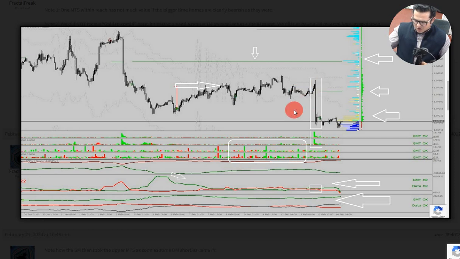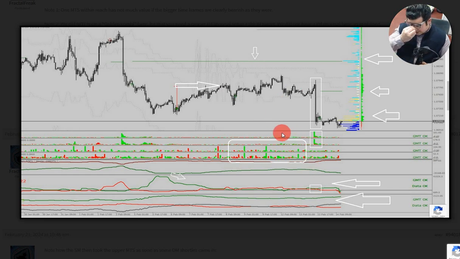So you do not want to buy into a bearish higher time frame with news coming out, because most likely the algos will use, or rather abuse, the news in order to go for the actual money positions which are targeted on the higher time frames, which they did here. So even if for whatever reason you bought towards the MTS here, you have to say, you know what, I need to close because the news are coming and I'm trading against the higher time frame bias. As simple as that.